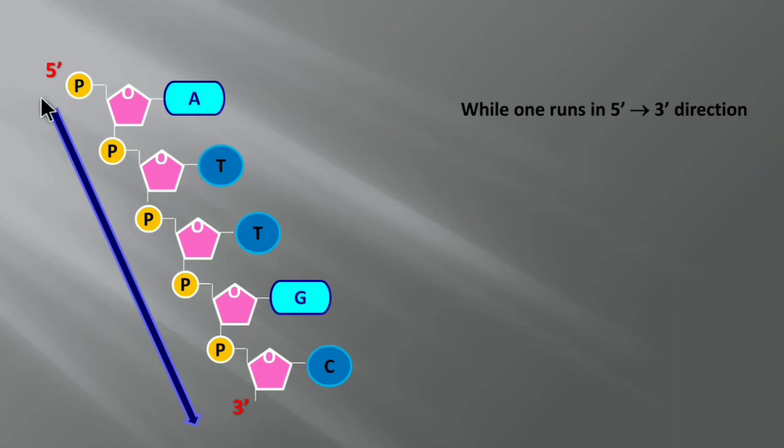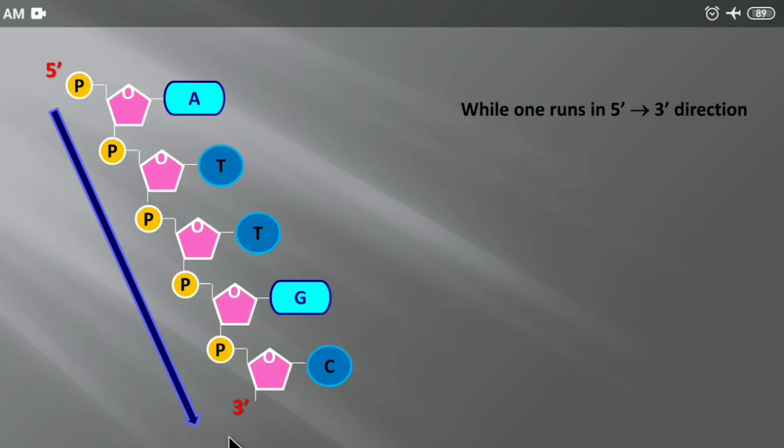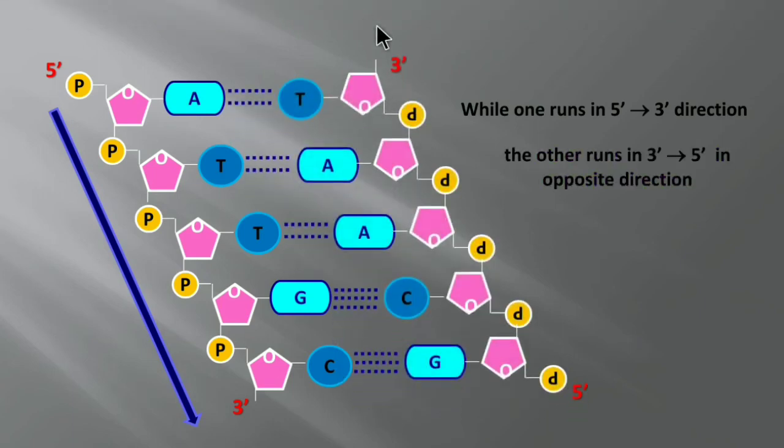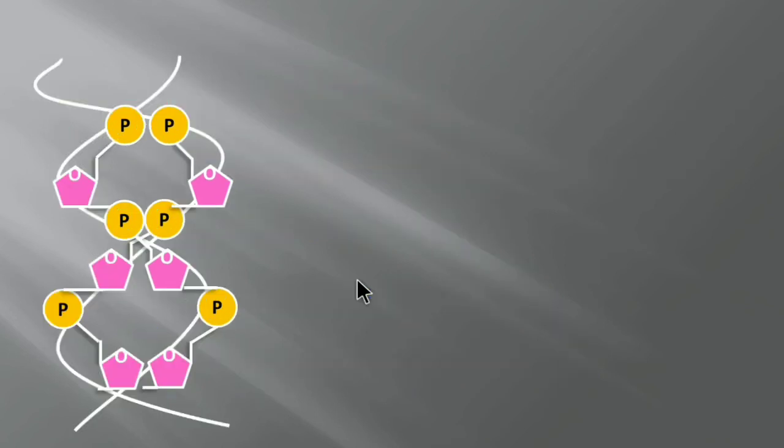So one strand runs in the 5 prime to 3 prime direction, whereas the other strand runs in the 3 prime to 5 prime direction. This is the second characteristic feature: the two strands have anti-parallel polarity.